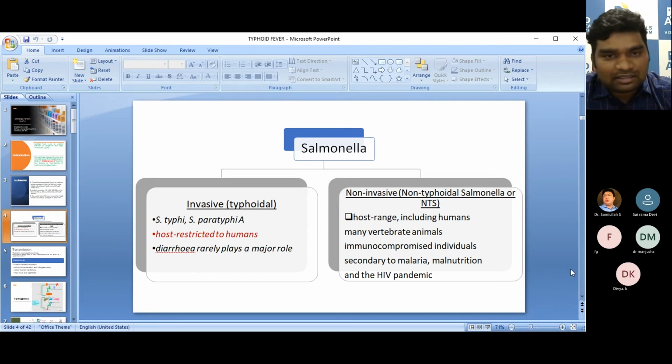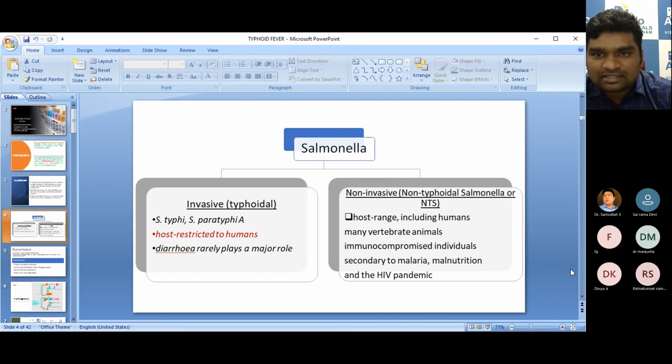Diarrhea plays a major role here. Non-invasive is non-typhoid Salmonella, or NTS. Its hosts include humans and many vertebrate animals, and immunocompromised individuals, secondary to malaria, malnutrition, and the HIV pandemic.